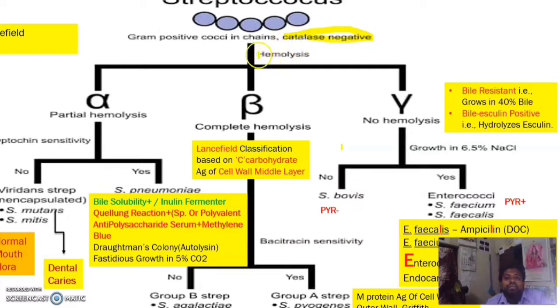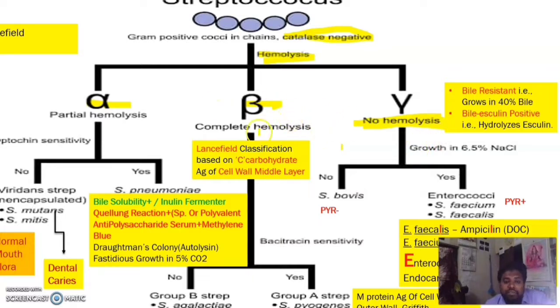If they are put onto blood agar, they will show hemolysis. Alpha hemolysis is partial hemolysis, beta hemolysis is complete hemolysis, and gamma hemolysis is no hemolysis. What is gamma hemolysis? Hemolysin toxin in Staphylococcus, that is Panton-Valentine toxin. What does it cause? It is pathogenic for MRSA.